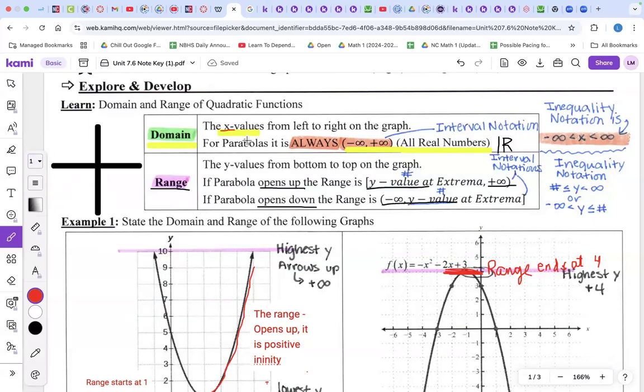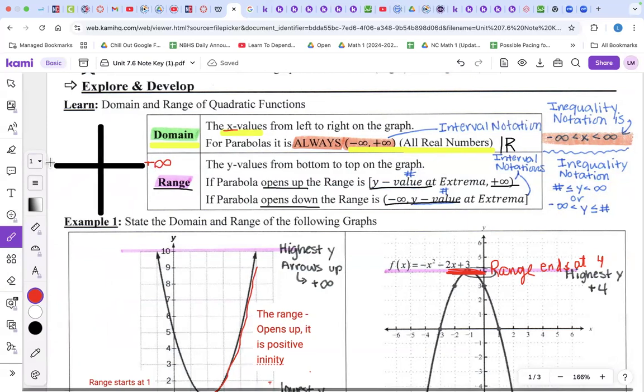When we're talking about parabola and negative infinity, positive, then right here, I need you to put positive infinity. And that's on the x line. Over here on your x line, I need you to put negative infinity. Why? Because we're talking about all the way from eternity to eternity. All right? And so those are infinities.